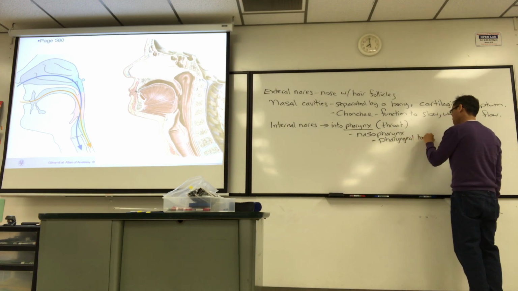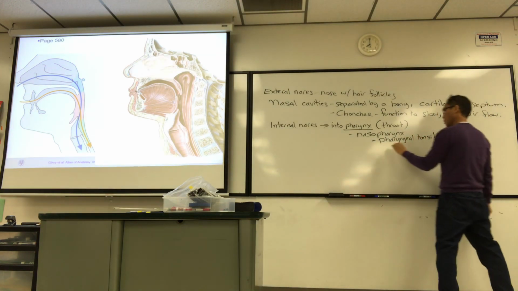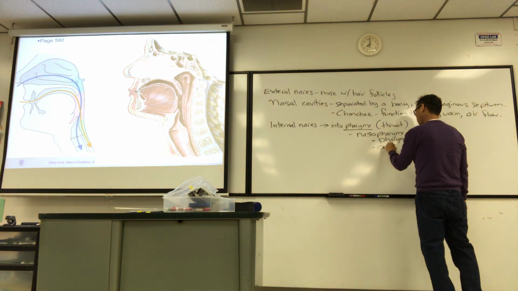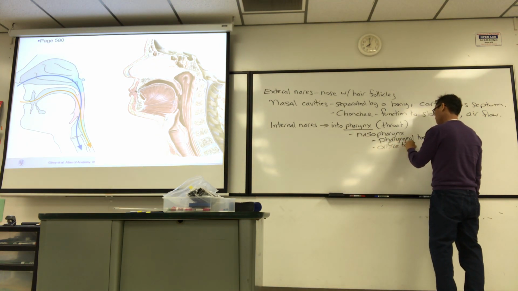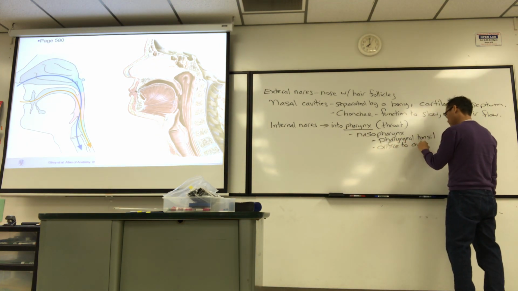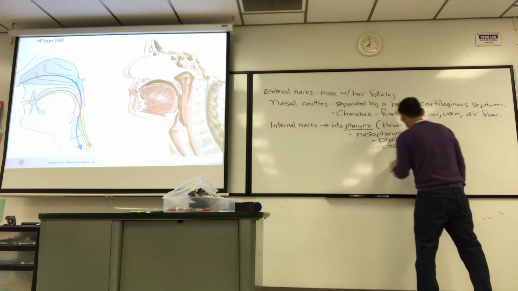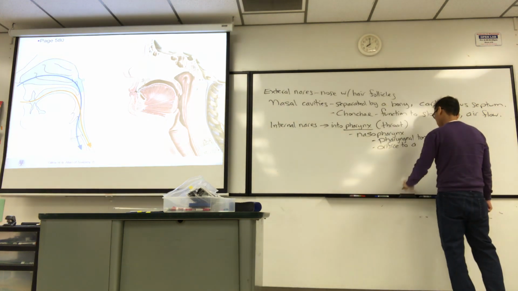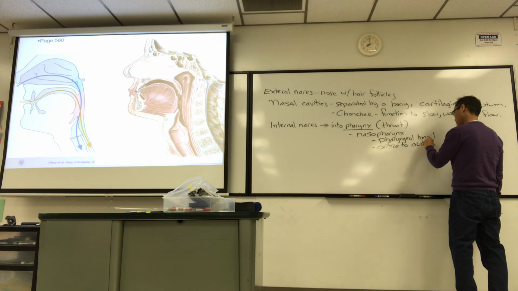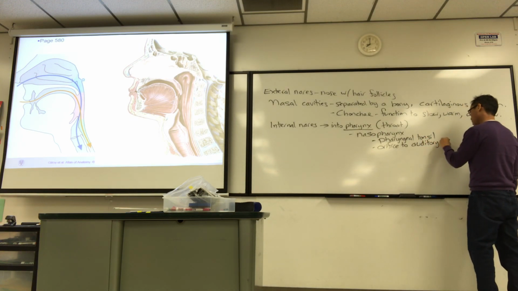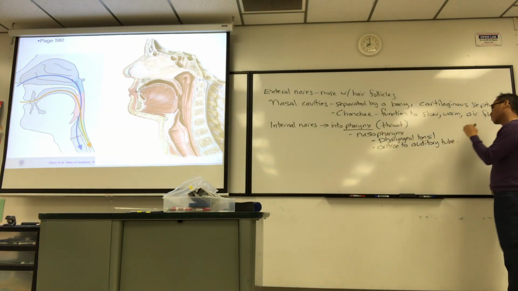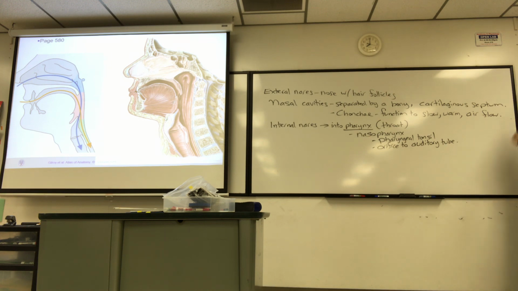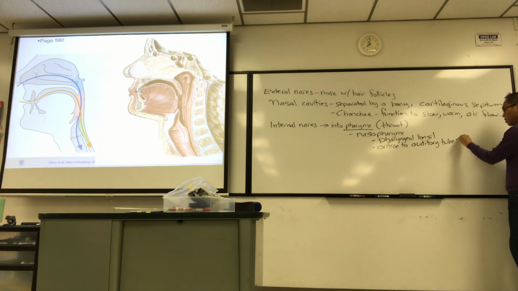Tonsils are lymphoid tissue. You have an orifice to auditory tube. That goes straight to the tympanic cavity of the middle ear. Okay.